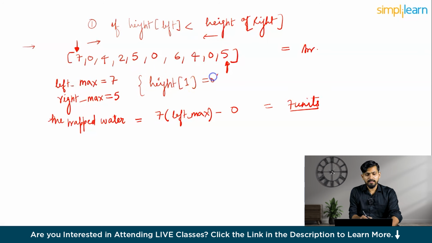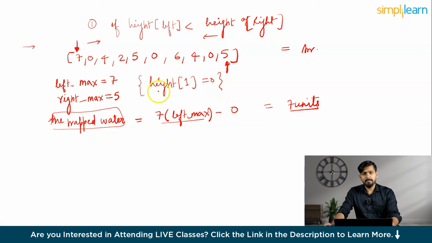We are basically subtracting the height at index 1 from the left max. Now, this approach systematically reduces the problem space while calculating the exact amount of water trapped efficiently, and it is particularly suited to problems where solutions depend on comparison between elements with forward and backward dependencies within the array.